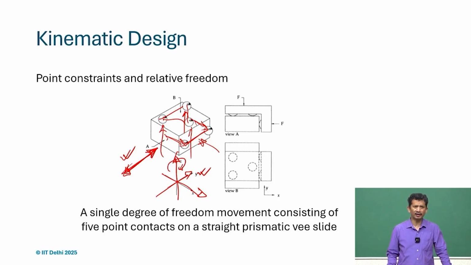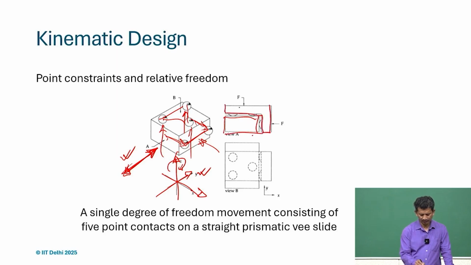Again, what one can do is use any CAD package to design a block and another L-shaped part with these 5 ball contacts defined, and try to assemble them in the CAD package.